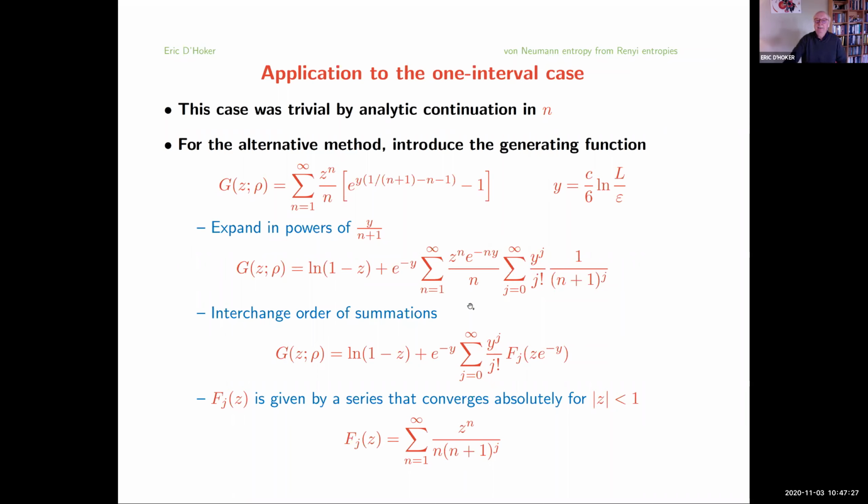Okay. Now this is not exactly a series you know how to do either. So let's interchange the orders of summations. Now we can do that because these series are actually absolutely convergent, for y positive. And so here is the series. And so I regrouped it in terms of a function f, which we will encounter frequently.